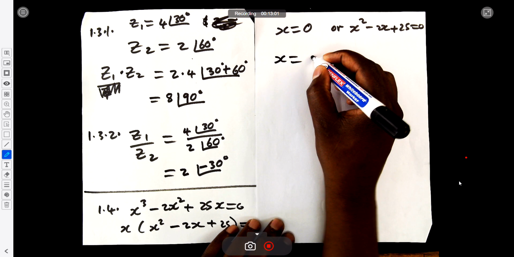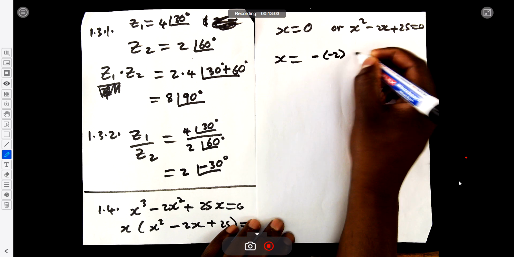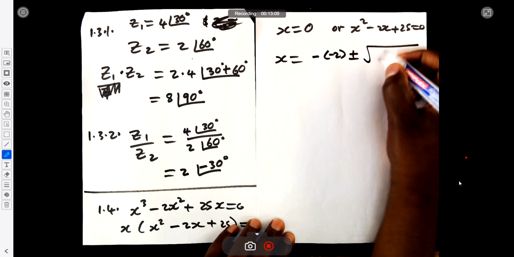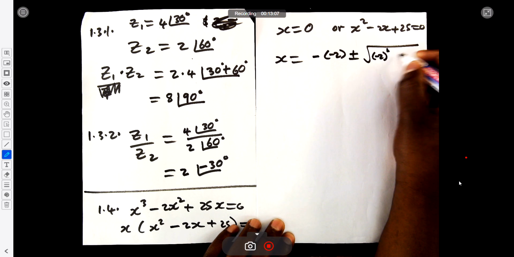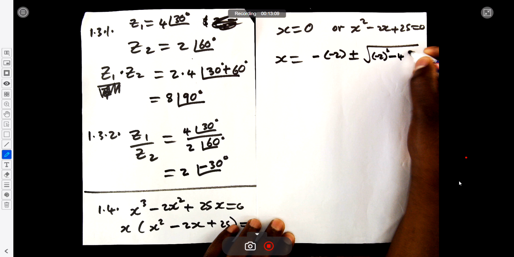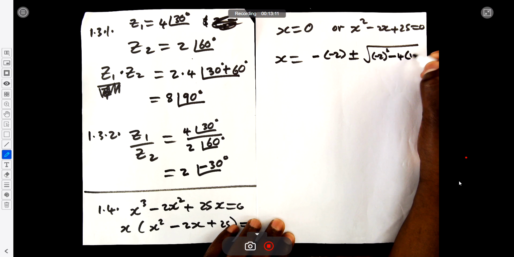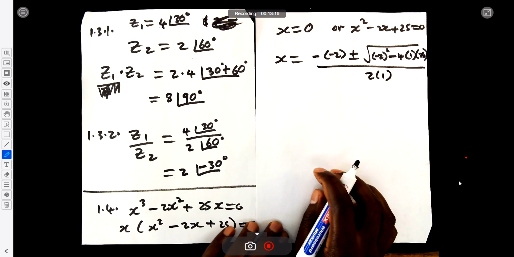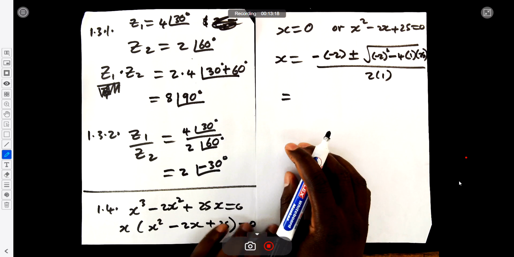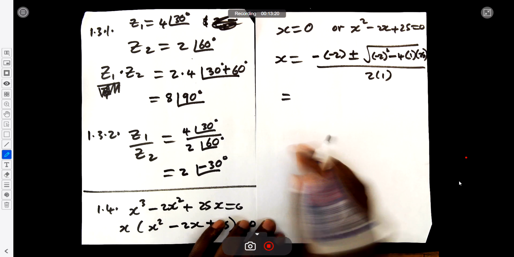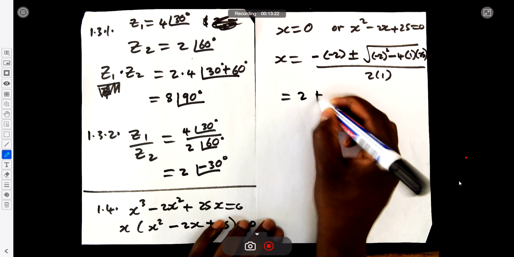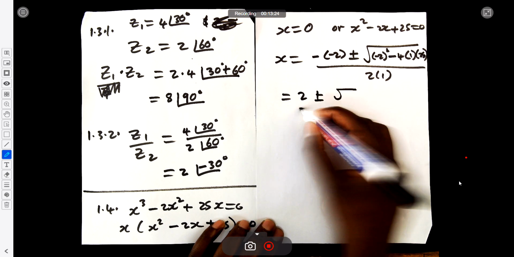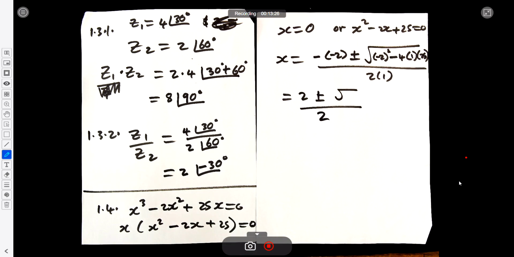So using the quadratic formula, we'll have negative 2 plus or minus the square root of negative 2 to the power of 2 minus 4 into 1, into c, which is 25, all divided by 2 into 1. It will be equal to positive 2 plus or minus the square root of... what do we have?